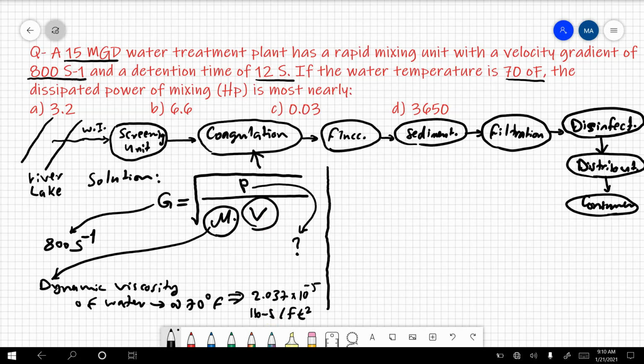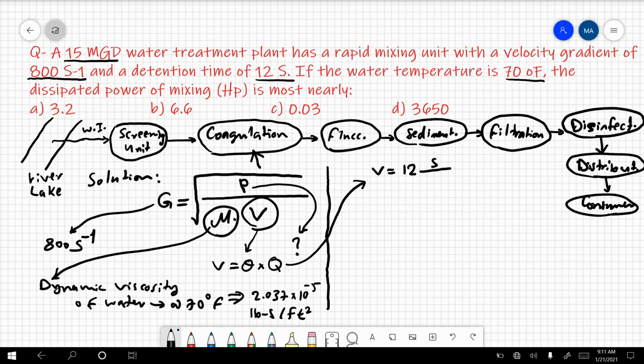Also, we have V, the volume, and we can easily determine this from the detention time multiplied by the capacity or discharge, Q. So let's go ahead and find our volume here. Volume equals the detention time, 12 seconds.